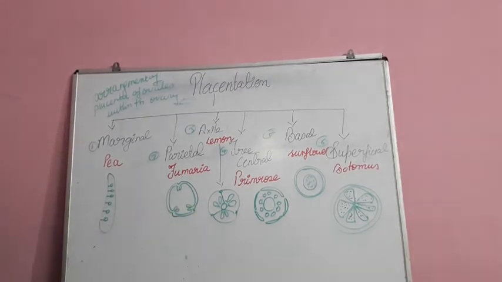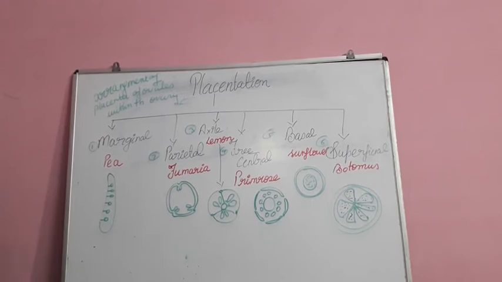Next we have the free central, which is found in primrose, for example. In free central, what happens is it is found mostly in multicarpellary, syncarpous pistils with a unilocular ovary.